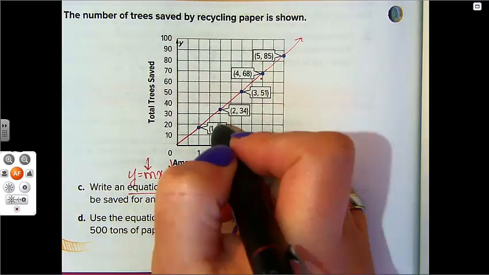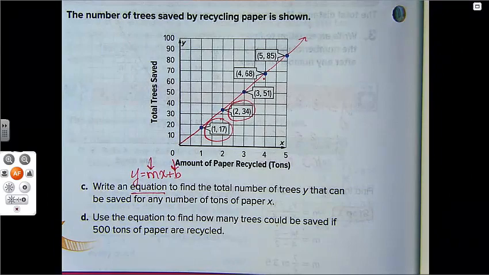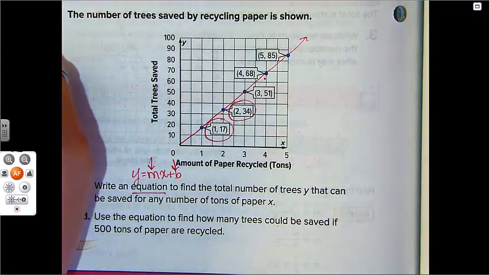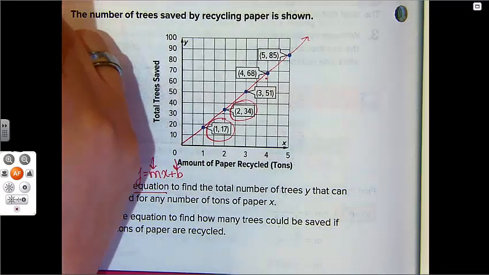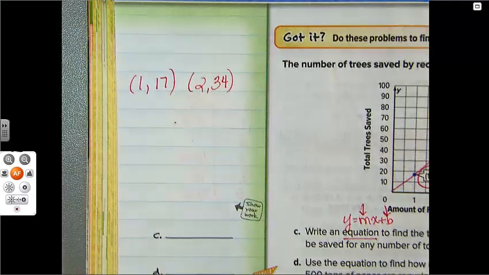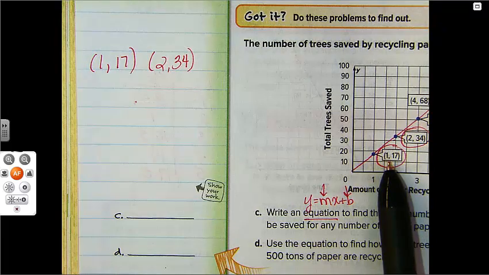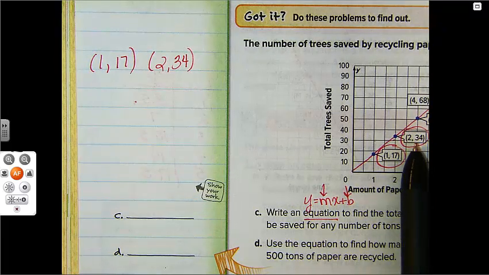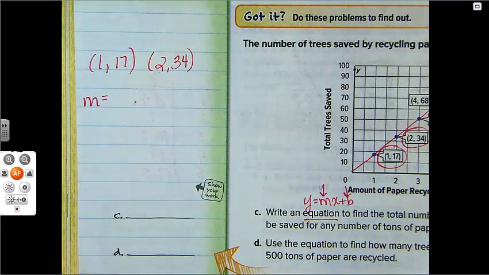So I'm going to take this point and this point, and I'm going to subtract them. My first coordinate is 1, 17. My second coordinate is 2, 34. So all I've done is write down my 2 coordinates, 1, 17 from this, and 2, 34 from right here. Now to find my slope, I'm going to subtract them. Remember, it's y2 minus y1 over x2 minus x1.